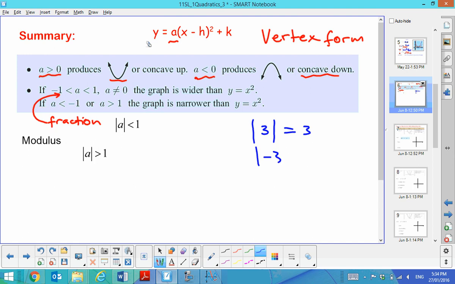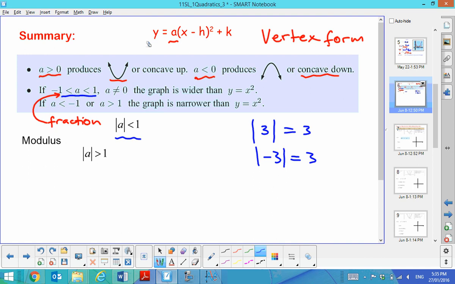The absolute value of -3 is also 3 because it's 3 units from 0. So when we write it in this notation, we're saying we want a value for a that's less than 1 unit from 0. So that means we've got all those fractions from -1 to +1 not inclusive. So that's another way of writing that one.